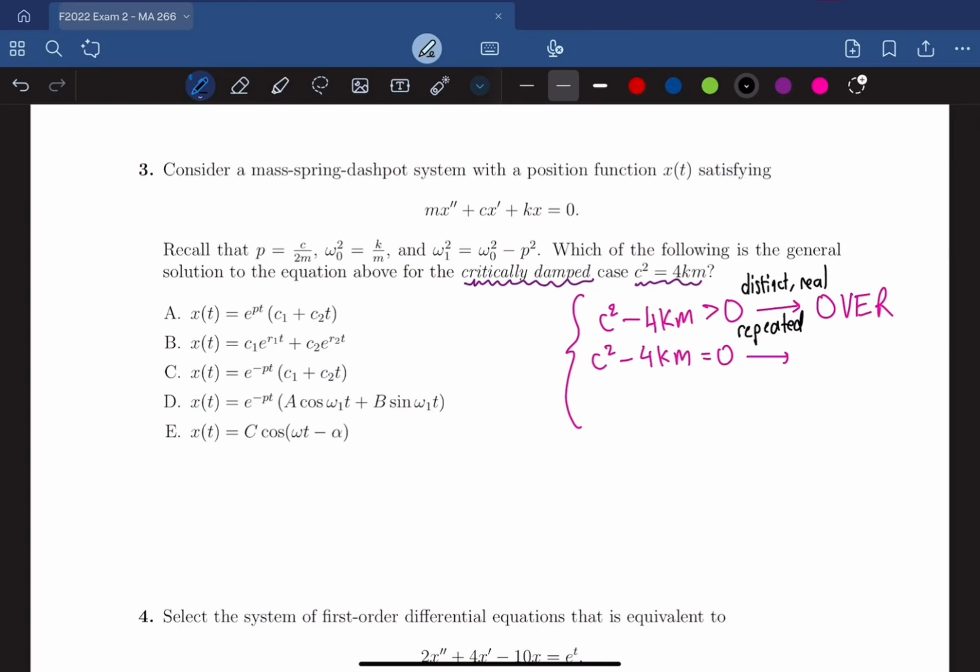It's going to be real. It's going to be repeated and real. And that's going to result in a critically damped system.